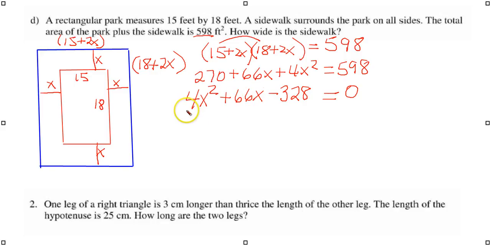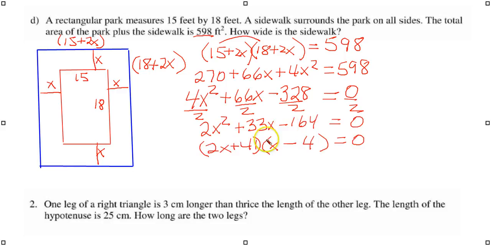So I'm going to divide everything by 2, because I can't take a 4 out of everything. Now, it took me time to factor this. And again, these are rather difficult.